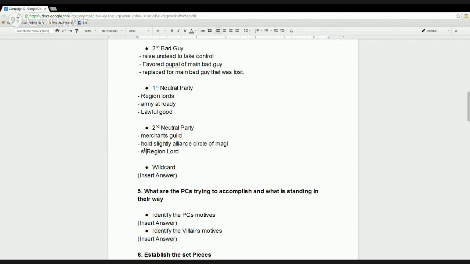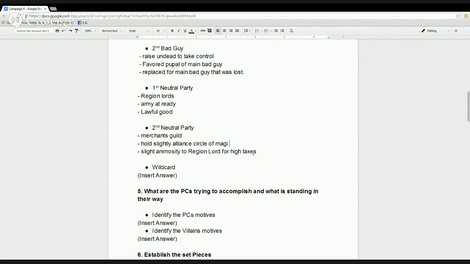So there's kind of a back and forth there of one trying to outdo the other economically. So it's a needed relationship, but it's also a bit strained. Okay. And that's perfect, because that gives them motivation, has interest in them, perfectly connected. That's our awesome second neutral party.